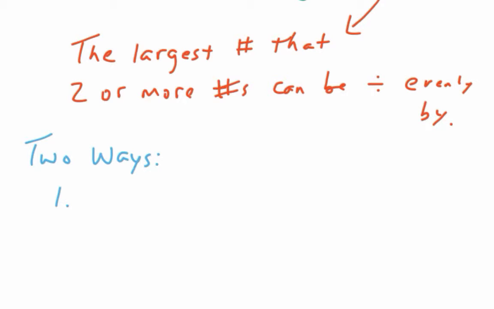I think in most situations the first way is going to be harder, so I would probably avoid this first way, especially if the numbers are large. But one way is to get all the factors of both numbers.